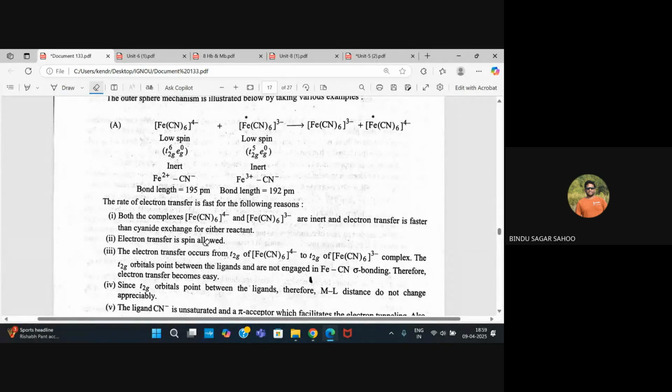The electron transfer occurs from the t2g of [Fe(CN)6]4-, from the Fe2+ side, to the t2g of [Fe(CN)6]3-, the Fe3+ side. That means electron transfer occurs from t2g6 to t2g5. The pi acceptor ligand facilitates the electron tunneling process, as mentioned here.